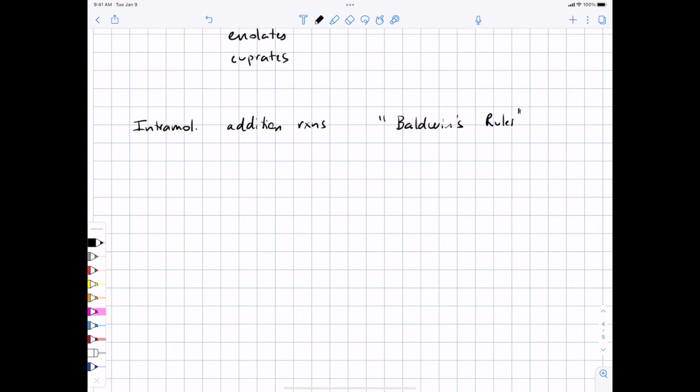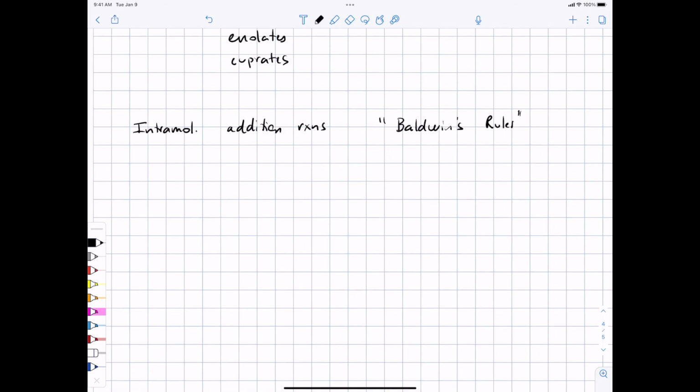You could try to memorize them, but I think probably don't. Just look them up. There are a couple of factors that you should consider when thinking about intramolecular addition reactions. The first is the size of the ring that you're going to form. So 3, 4, 5, 6, 7.